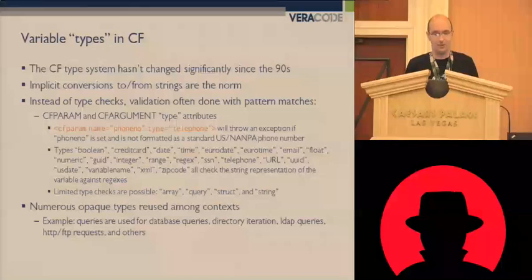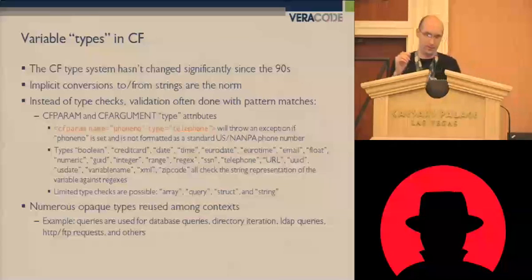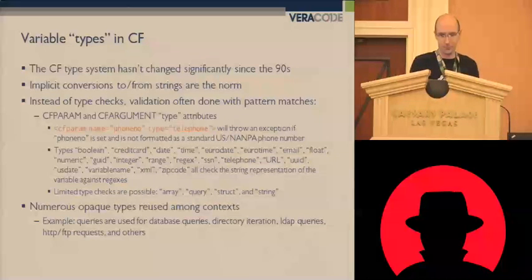Some of the types that aren't like this are the opaque types, which are like queries, files, HTTP queries, LDAP queries, all sorts of other things. And the way these work is they look like variables, except you can access them like structures.